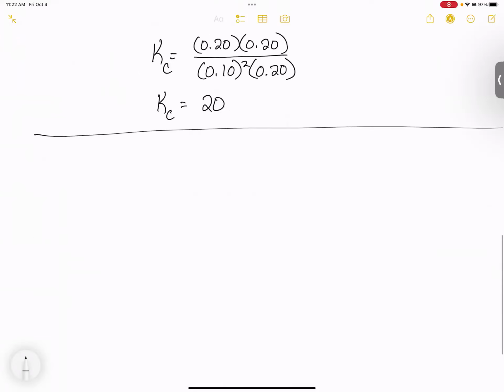Okay, if there are no other questions, then we're going to talk about the reaction quotient, which I introduced at the end of last class.